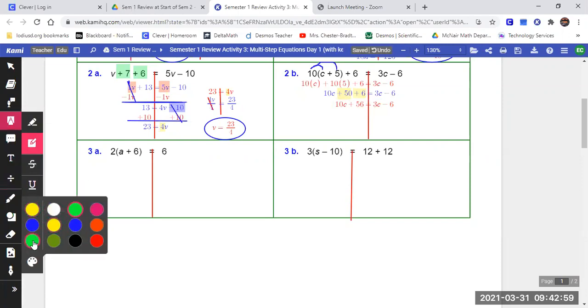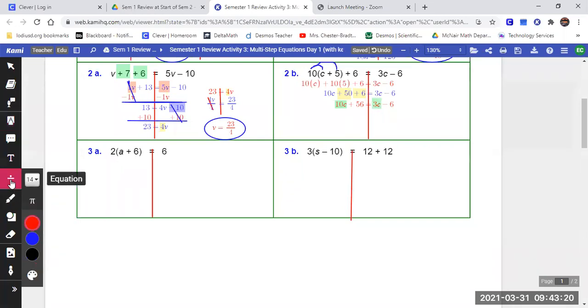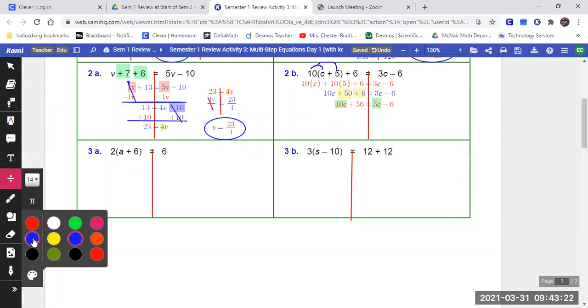Which big zeros do we do first? Letters or numbers? Letters. So I'm looking at my 10c and my 3c, and I'm deciding who is smaller because that's the one that's got to move.